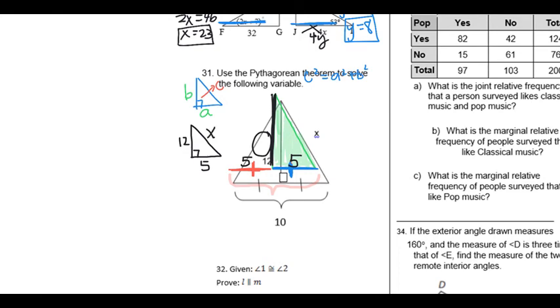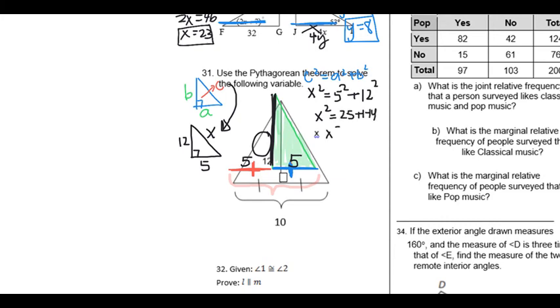And I have 12 here, 5 here, and x at C. I can substitute my numbers. So C is x, so x squared. A is 5 squared. And B is 12 squared. If I use the calculator, x squared equals 25 plus 144.